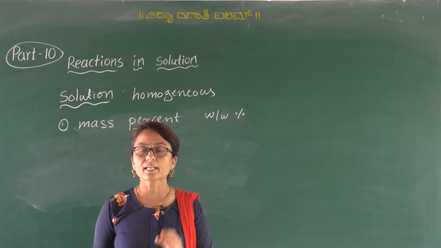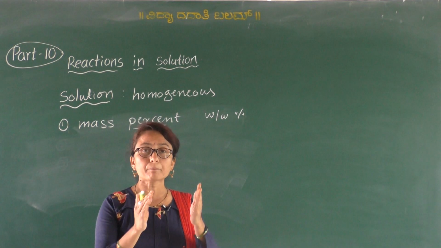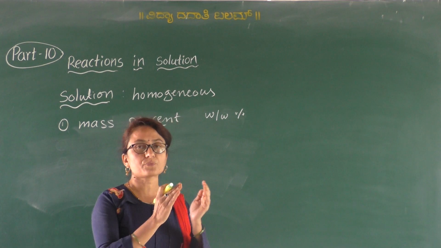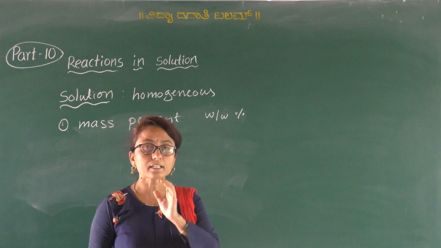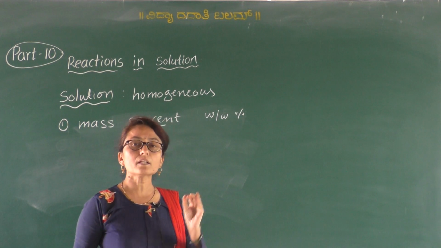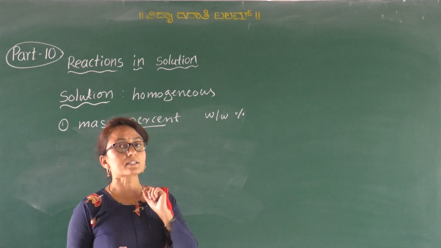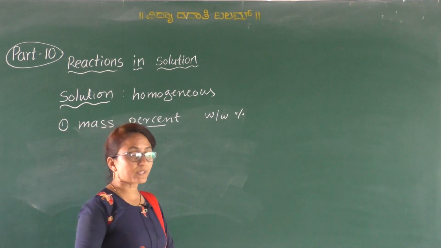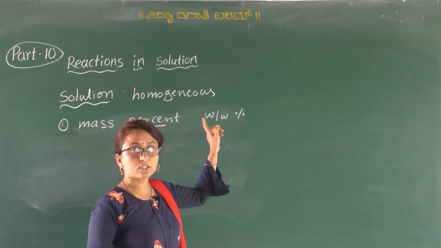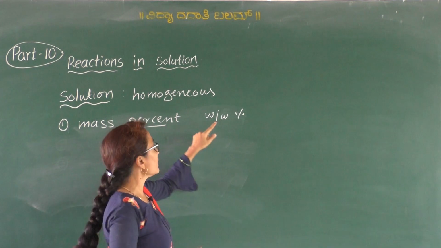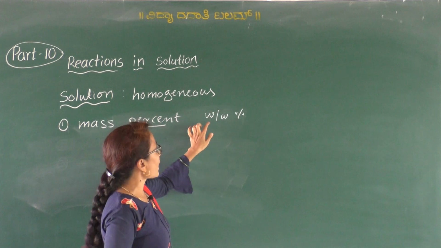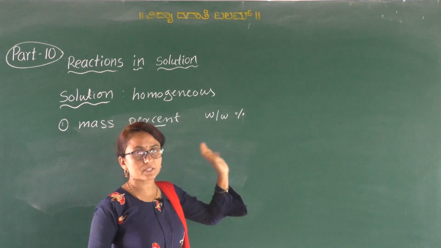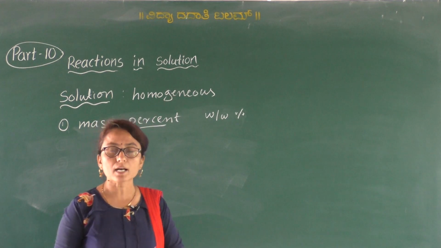That means if you take exactly 100 grams of solution, the number of grams of solute present is known as the mass percent. In mass percent we have different terms: mass by mass percent, W by W, mass by volume, W by V percent, and V by V percent. We have different types of percent.